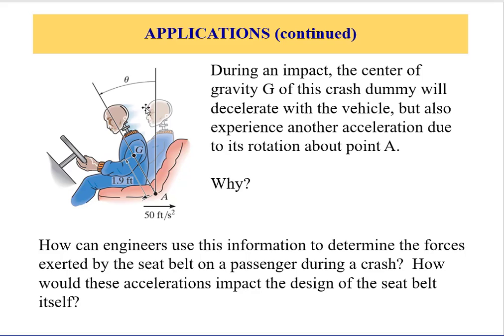Now, because the dummy is sitting on a seat and belted, we could analyze the motion of this dummy by using its center of gravity, where, using normal and tangential analysis, the center of gravity will seem to be rotating about a point, let's say A. If you have a camera, you will see this rotation of point G.